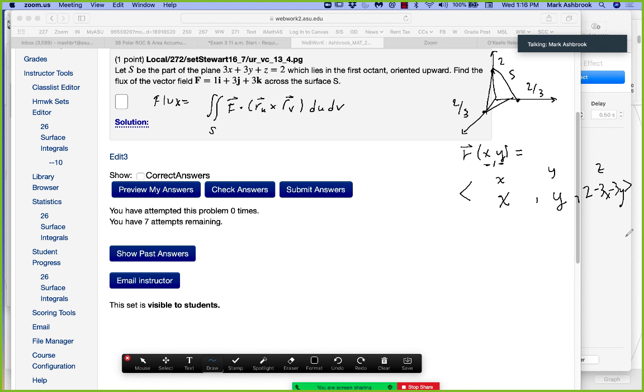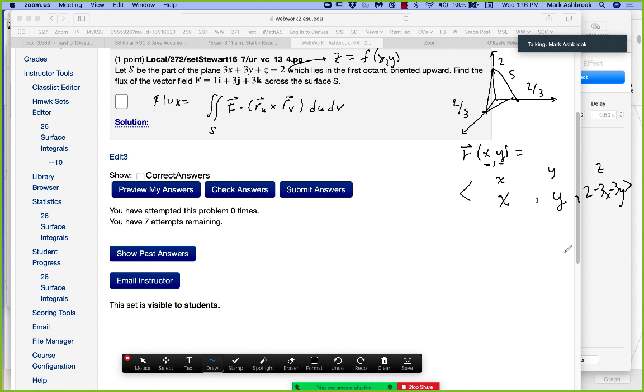So remember, this is the easiest case for parameterizing surfaces. When z is a function of x and y, then you can just let x and y be your two variables and use the formula for z as the z component. So that will get all points on this plane. X is x, y is y, and z is always this.